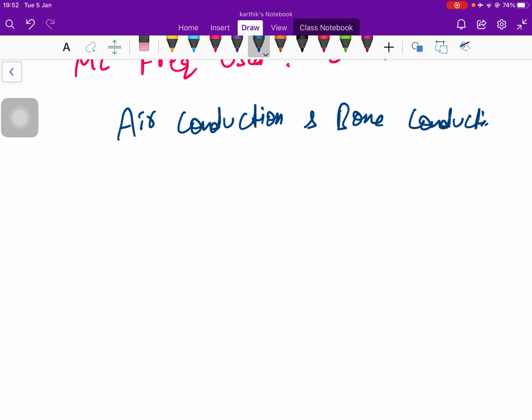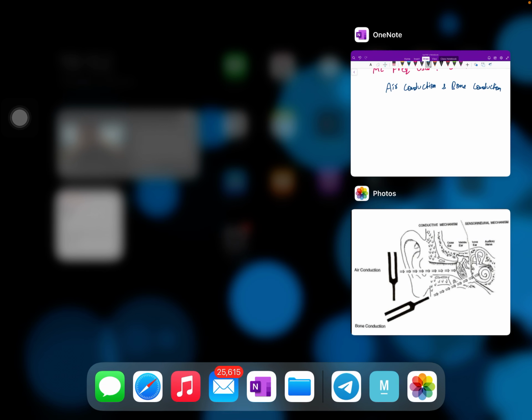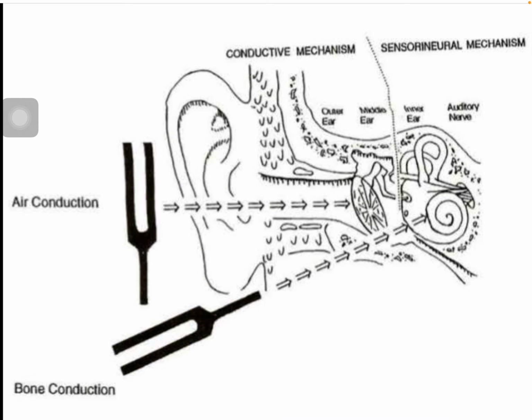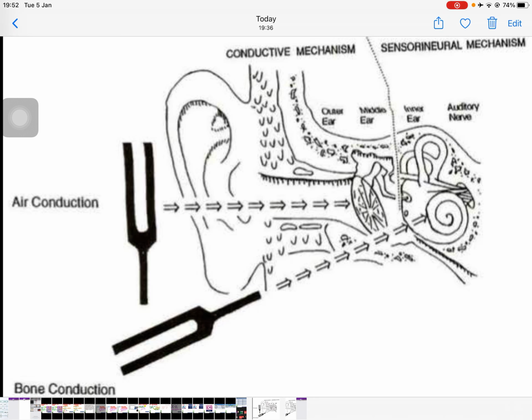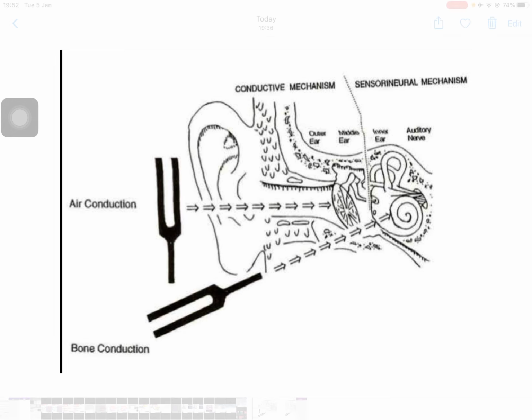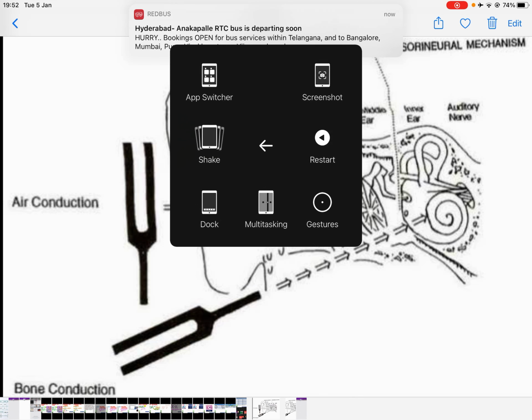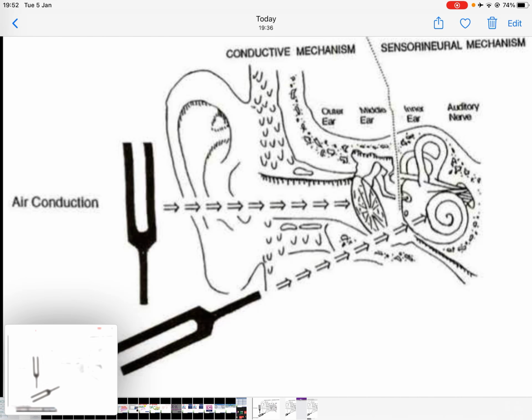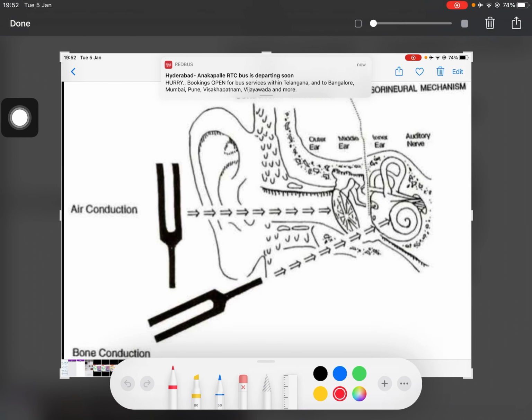To test air conduction, we keep the tuning fork just near the ear. For bone conduction, we keep it on the mastoid.